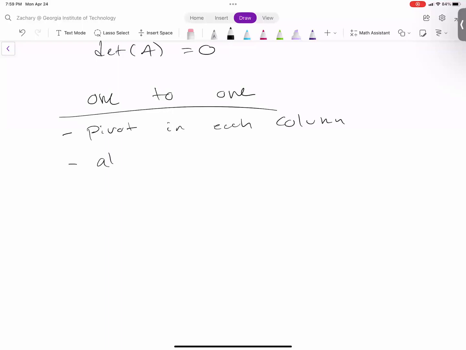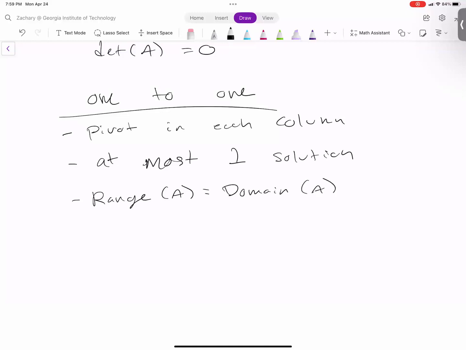This is also saying you have at most one solution. Another way you can write this is the range of A is equal to the domain of A, which is saying your number of pivots equals your number of columns.